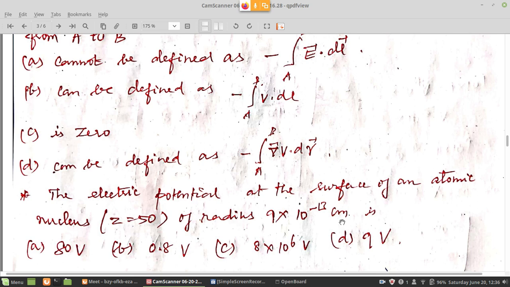4 choices are given, right? 80 volt is there, 0.8 volt is there, 8 into 10 power 6 is there, 9 volt is there.